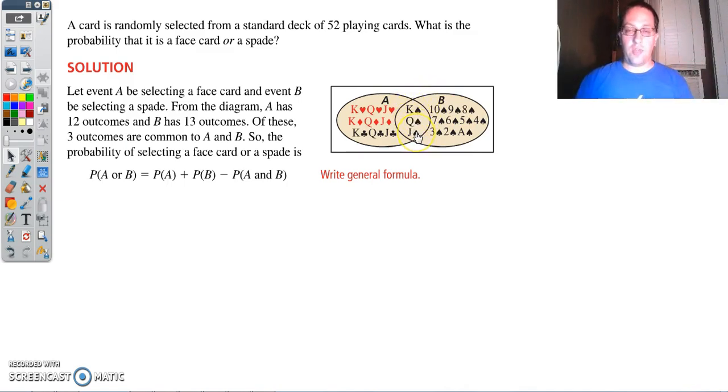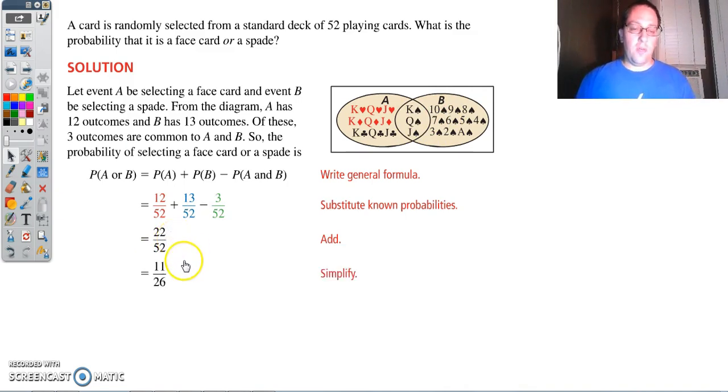We've got to take these 3 out, right? Because we've already got them here, we don't want to pick them up in this 13. We just want the 10. So we have the 13 minus 3 gives us 10 plus 12. So we have 22 cards out of 52 that we're looking for, which we can simplify as 11/26 or 0.423 or 42.3%. All right.